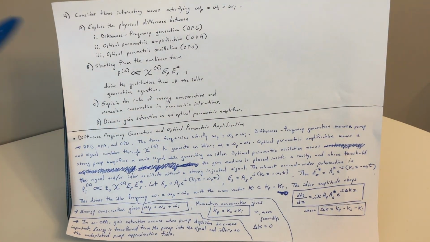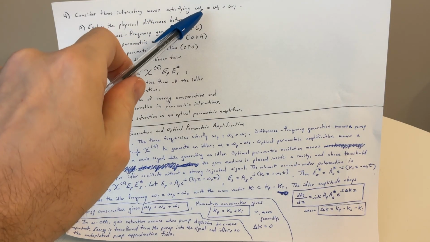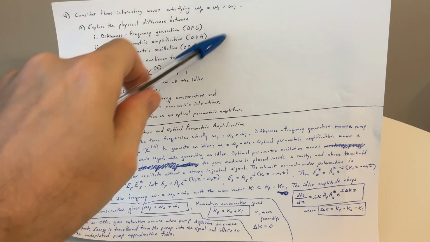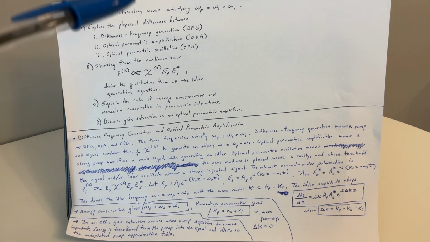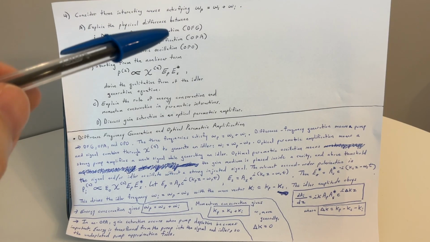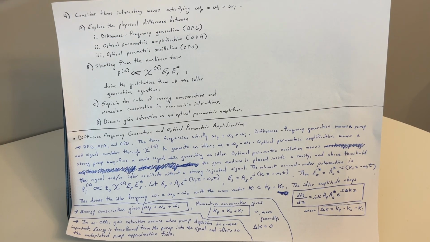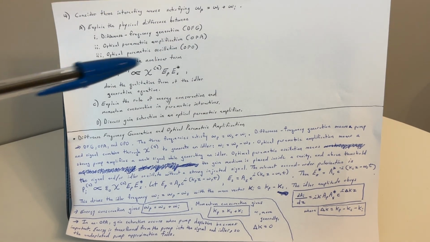So number 4, consider 3 interacting waves satisfying ω_p equals ω_s plus ω_i. Okay, so let me read through these. Part A, explain the physical difference between these 3: difference frequency generation, DFG, optical parametric amplification, OPA, and optical parametric oscillation, OPO.